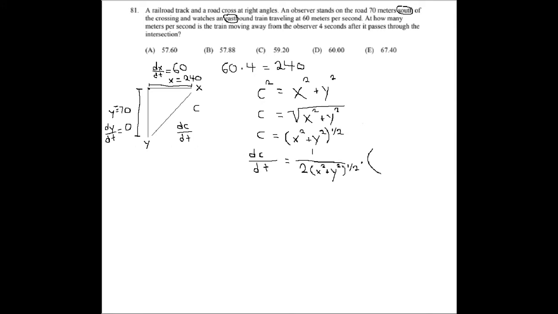So we take the derivative of our inside function, which, based on the power rule, is 2x times dx/dt, because remember we're taking this with respect to time, plus 2y dy/dt.